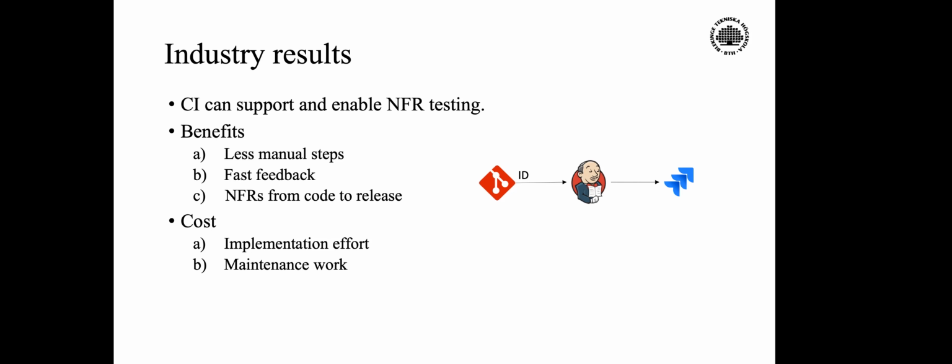The CI will check out that commit and then run the related test. When this fails, they will report automatically to the issue tracking system, like Jira. Then the issue can be monitored, whether it's in progress, in review, or done.